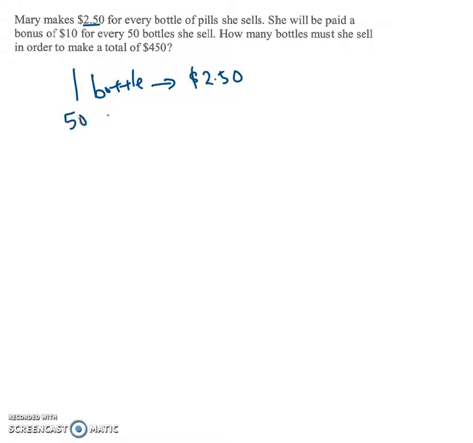So 50 bottles, she earns 50 times $2.50 plus this bonus of 10. So for every 50 bottles, she earns $135.